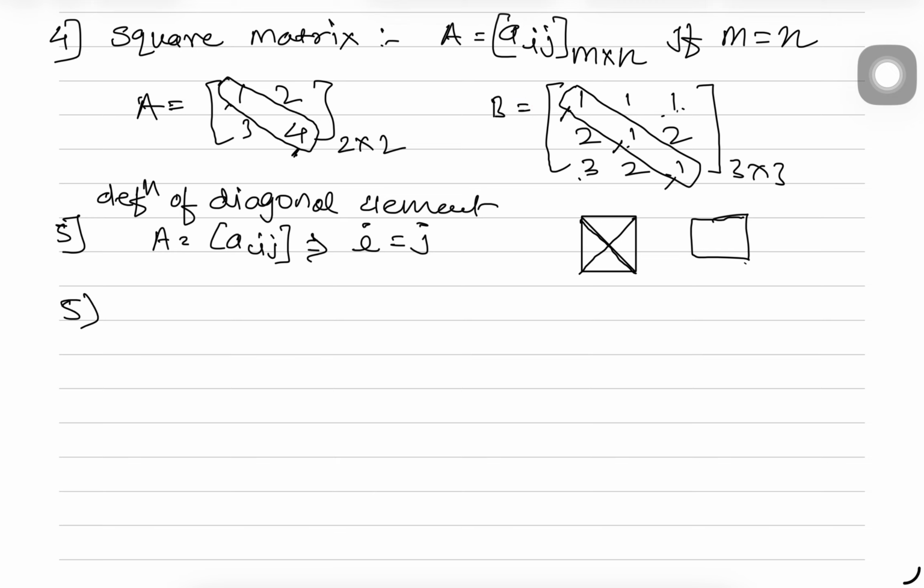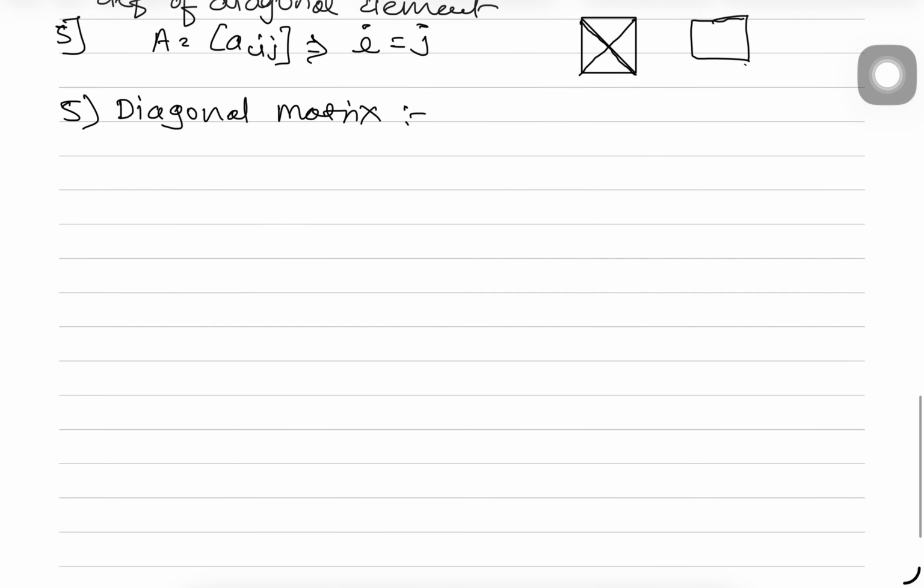Next, diagonal matrix. It is called a diagonal matrix if all the non-diagonal elements are 0. By the definition, only the diagonal elements are present.